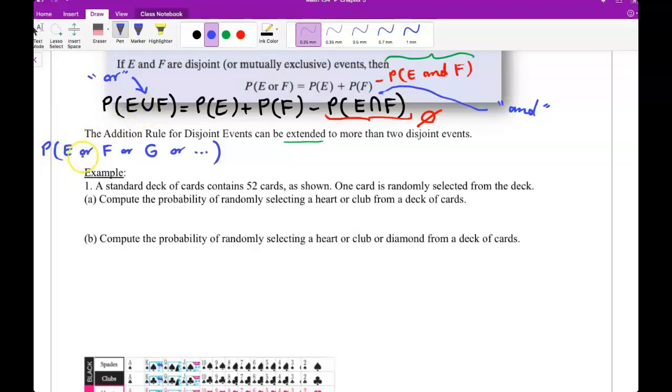We can write E union F union G is equal to the probability of each one, writing each one individually, and we should add. So when you have or in between, it means you should add the probability of each event, and so on.